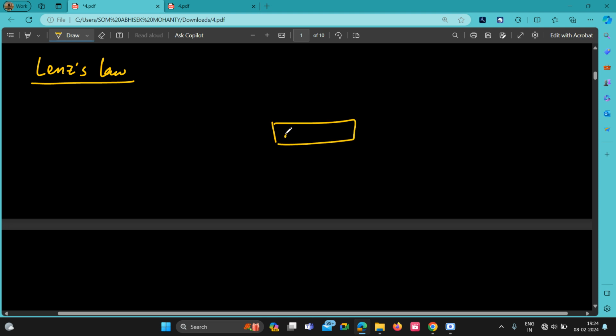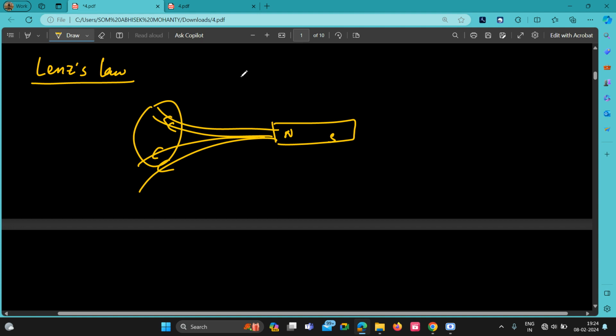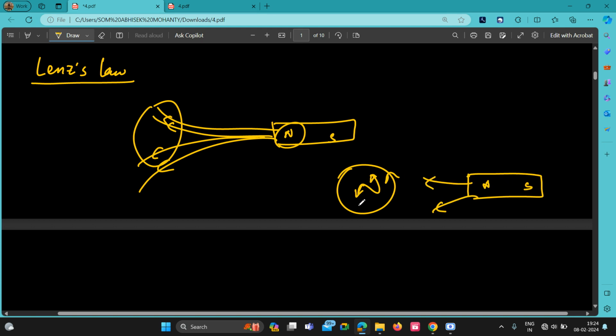Suppose this is the magnet, this is a loop. If the magnet is going towards the loop, then the current will be such that it will oppose the motion of the magnet. So if the north pole is moving towards it, the loop will create a north pole, which will oppose the magnet.